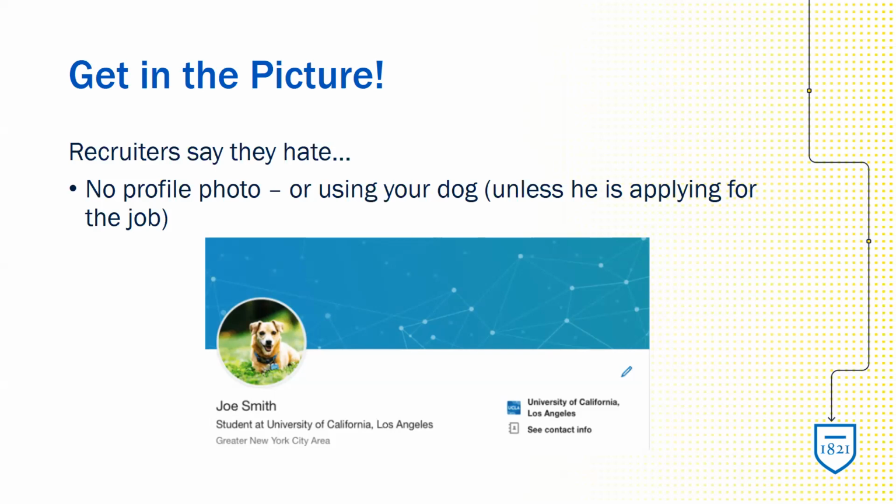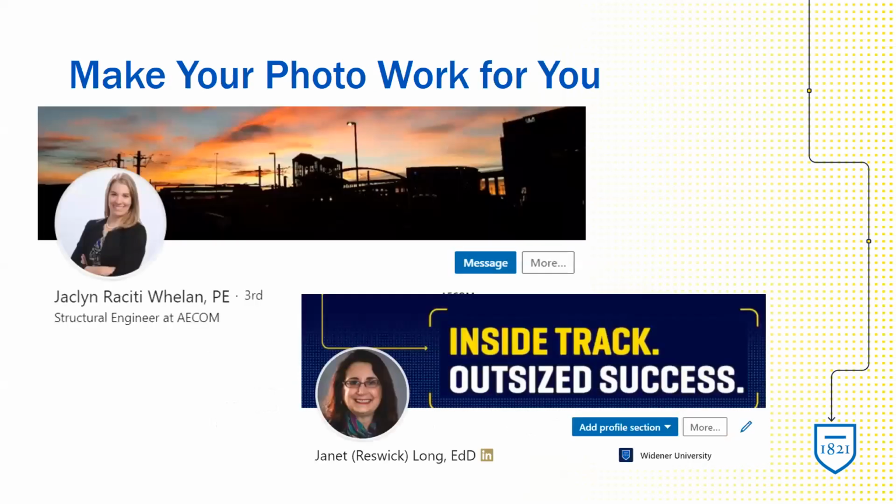Recruiters say they'd like to look at your photo, so we don't want that gray blob with no photo, but it doesn't have to be overly stiff. You want someone to be able to look at your photo and think, that person seems approachable. I'd like to talk to that person and learn a little more about them.